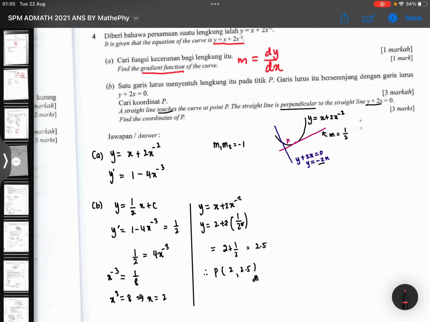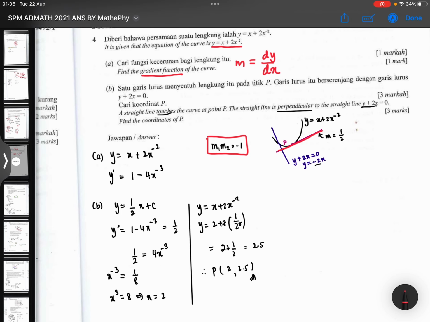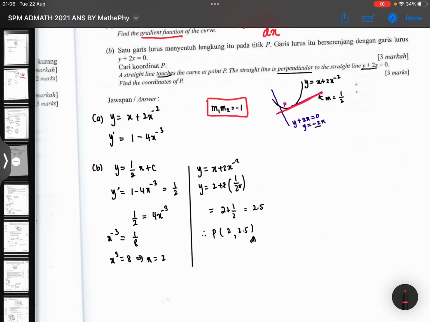The pink line I already drew for you is perpendicular to the purple one, which means that we can use m1 m2 equals -1 for perpendicular lines. We know that the gradient of the purple is -2, so the pink one should be 1/2. So we know that the gradient of the pink is 1/2.